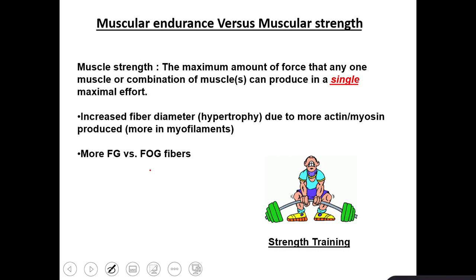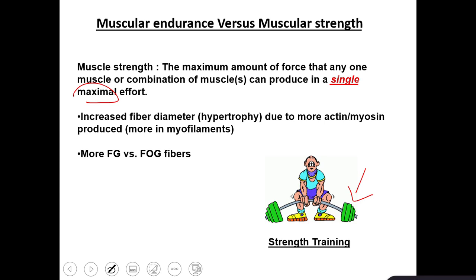On the other hand, muscle strength means that you are able to produce your maximum force in a short time. So, for example, if you are carrying a heavy weight, and this happens in less than 1 minute, then you are having muscle strength. So here you are producing a single maximum effort, not a repeated effort with low force.